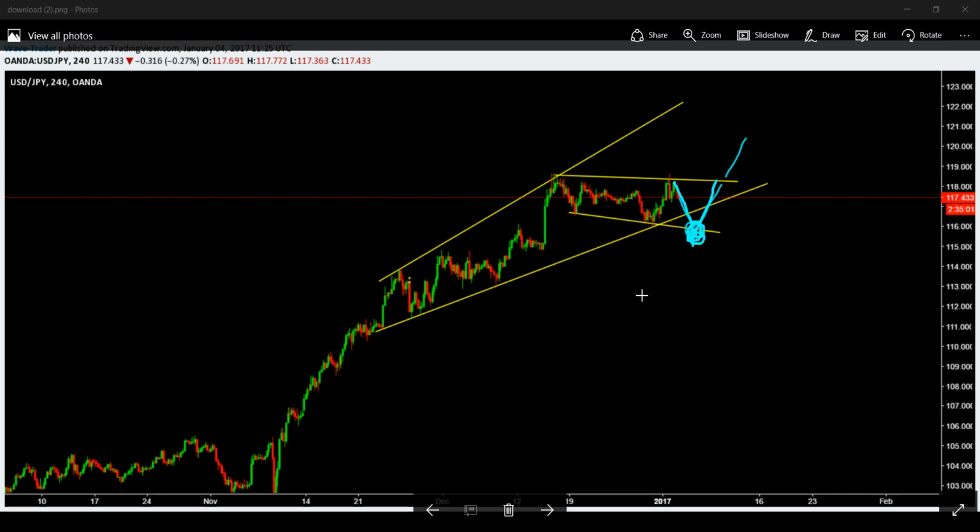All right. So we can see price was running into this expanding triangle. Then the next buy setup is going to be at the bottom rather than at the trend line. This trend line wasn't effective.